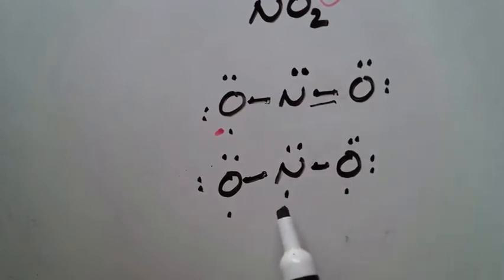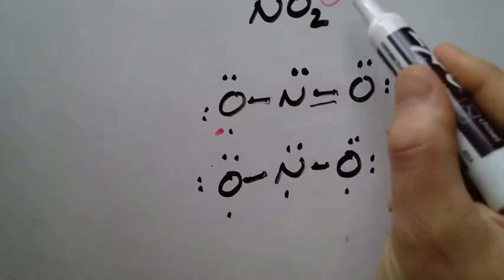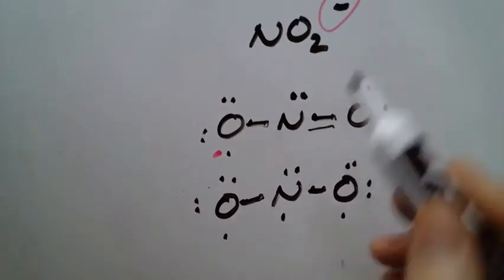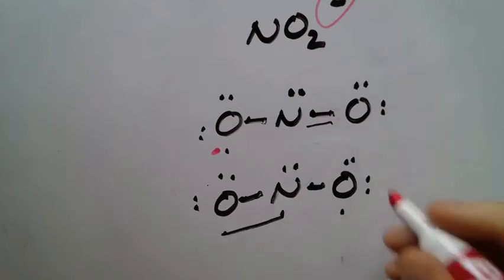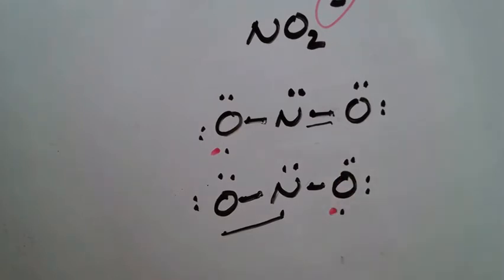I went ahead and made a double bond with these 2 dots on the right and put the extra ionic electron over here. But couldn't I just as easily have drawn the double bond here and put the electron over here? And the answer, of course, is yes, I could have.